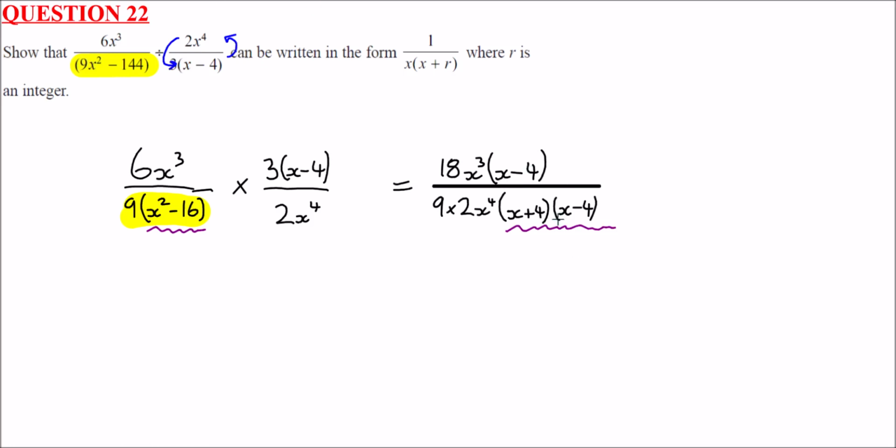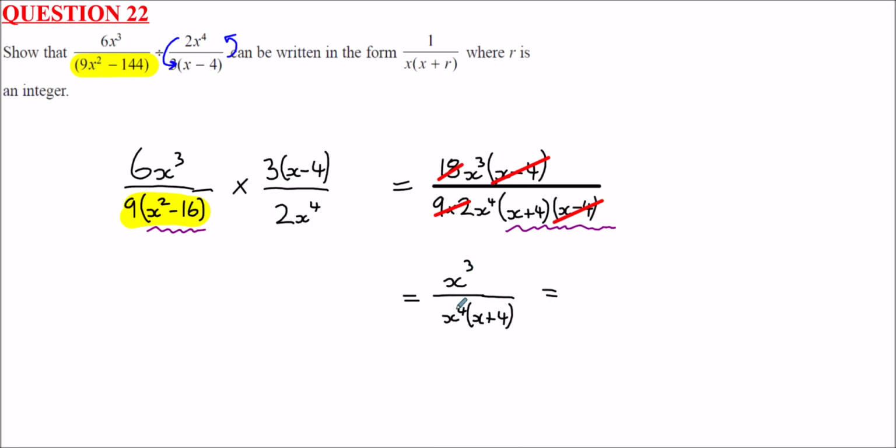So looking at the top, x minus 4 divided by x minus 4 will cancel. 18 on top, 9 times 2 on the bottom is 18 as well. So that 18 will cancel with this 18. So what I'm going to have here is x cubed on top, divided by x to the 4, x plus 4.